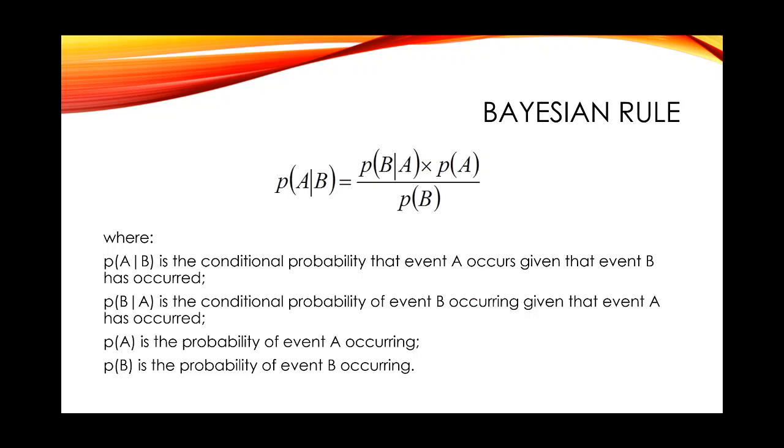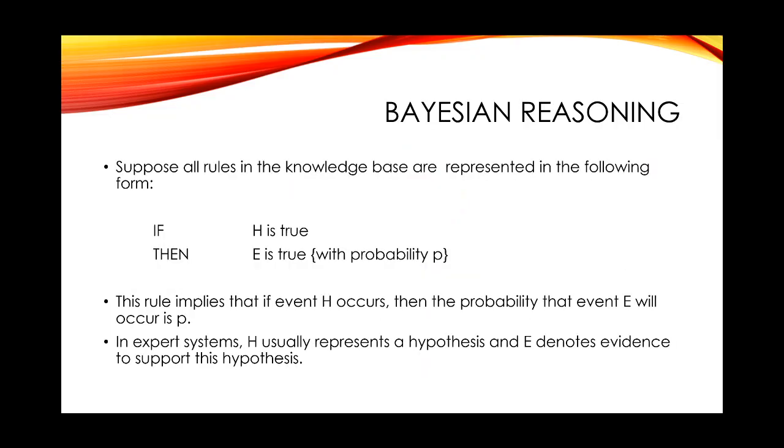So in the Bayesian rule, basically this is the formula whereby you have P(A|B) equal to P(B|A) times P(A) over P(B), whereby P(A|B) is the conditional probability that event A occurs given that B has occurred, and P(B|A) is event B occurring given that event A occurred, and P(A) is the probability of A occurring, and P(B) is the probability of event B occurring.